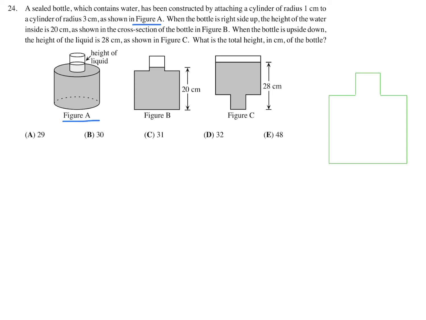This part here, from here to here, I will call H, big H. And this part from top to bottom, I will call little h. What they want us to figure out is the total height. So they want us to find big H plus little h. That is what they want us to find in the question. And therefore, we can proceed from there.